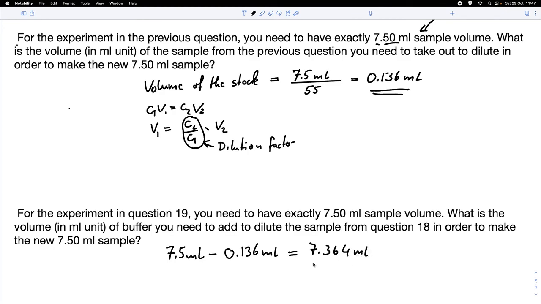That is the volume of water or buffer here, because if we put this buffer solution plus our stock solution together, we get the 7.5 milliliter that we wanted in the first place. So I hope this makes sense and gives you an idea how we can do these calculations when we are working with dilutions and molarities.